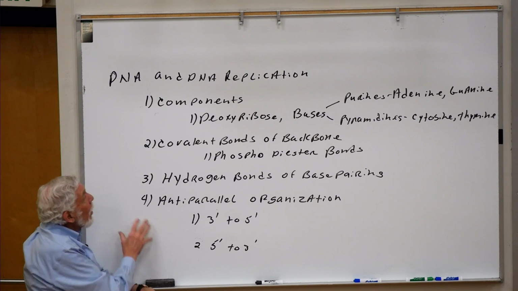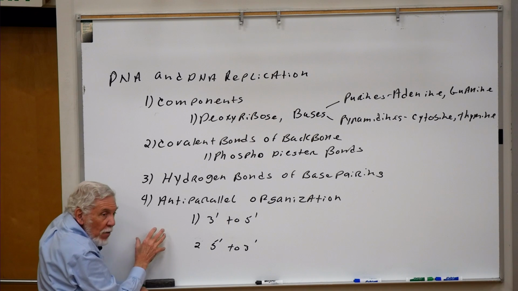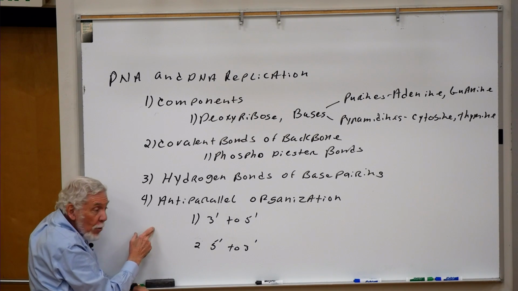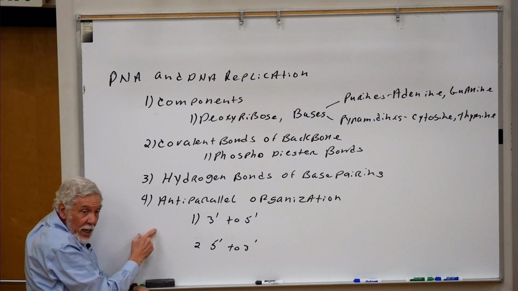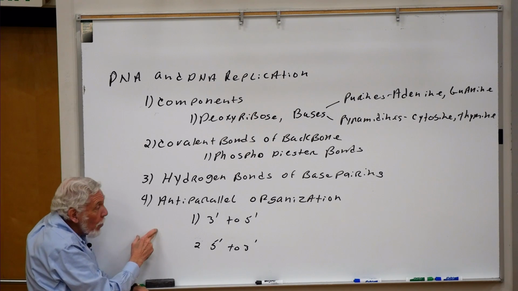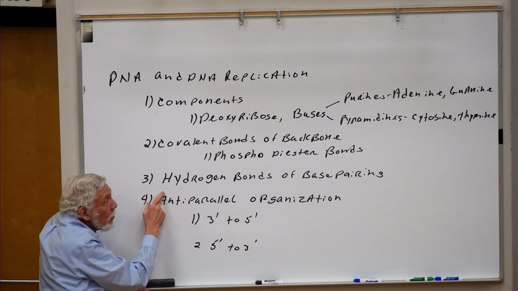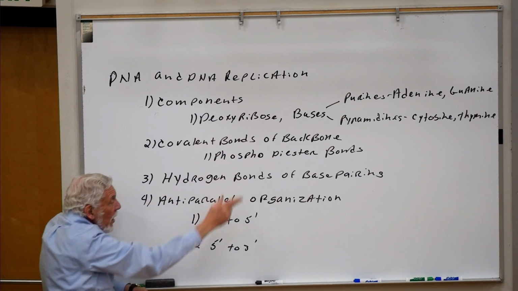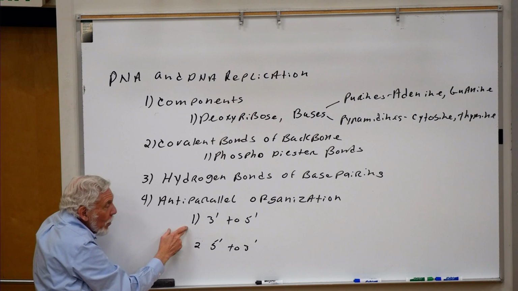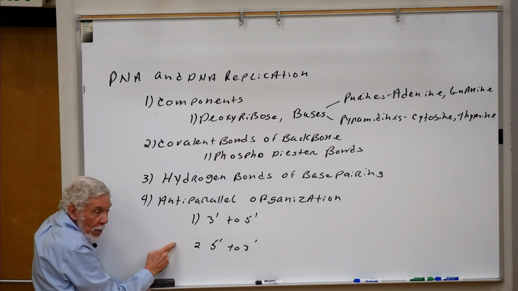What we'll do in walking through the components is we'll see that the organization of the 5-carbon sugar deoxyribose gives the molecule an orientation. The 5-carbon sugar will number the carbons 1 through 5, where the number 1 carbon will always be covalently linked to a base, and the number 3 carbon will be linked to the number 5 carbon on an adjacent deoxyribose molecule.